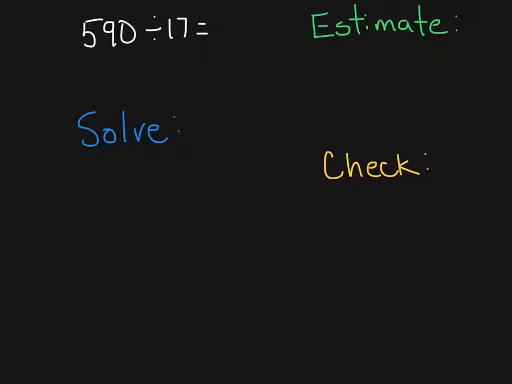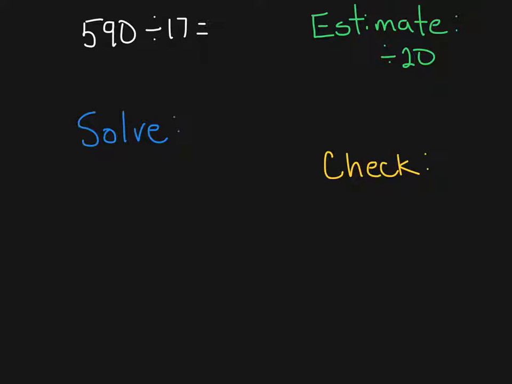Let's start off with 590 divided by 17. We are going to follow our 3-step process that we've been working on the last couple of days. So the first thing we're going to do is estimate. I am going to round 17 to 20, and I need to find a compatible number that 20 will go into.